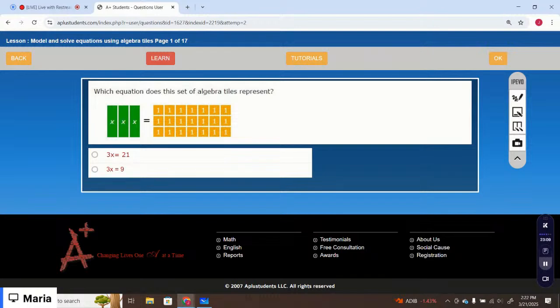So which is the correct option? That is 3x equals 21. Option number 1 is the correct option.